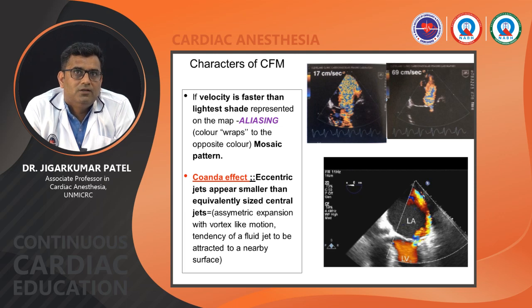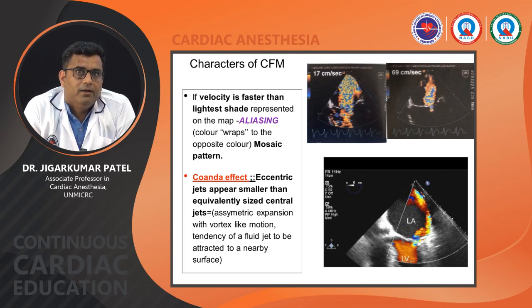So if velocity is faster than the lightest shade represented in the map, you will get aliasing, and it is known as color wrap. So you will get a mosaic pattern. So the measuring frequency is more than the analyzing frequency, and aliasing also occurs in this color flow map.